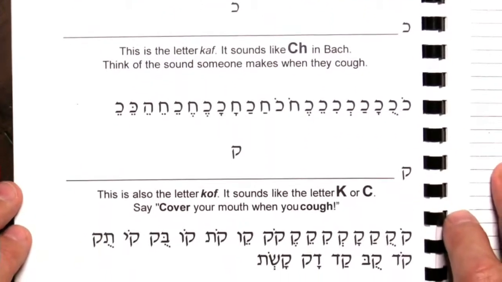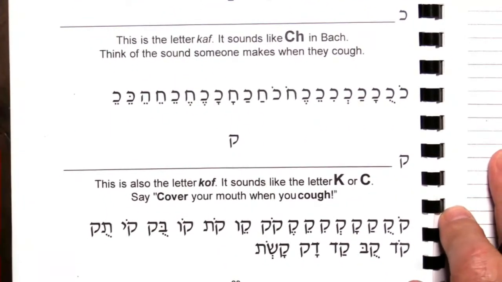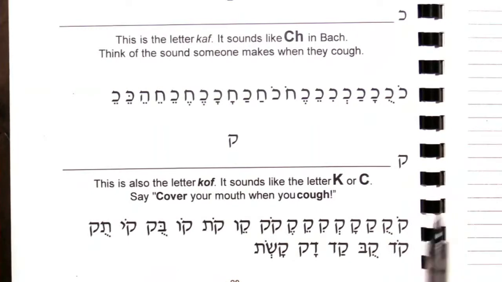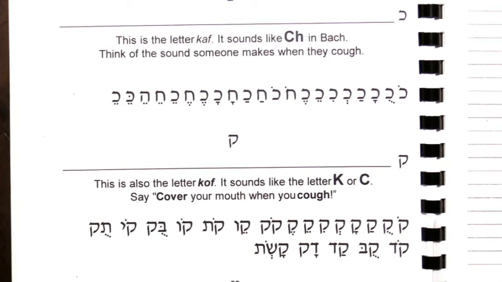Let's go on to the cover your mouth letter. So here we go with the vowels. Ko, ku, ka, ka, k, ki, ke, ke. And then the rest are Hebrew letters with the exception, no, I take that back.